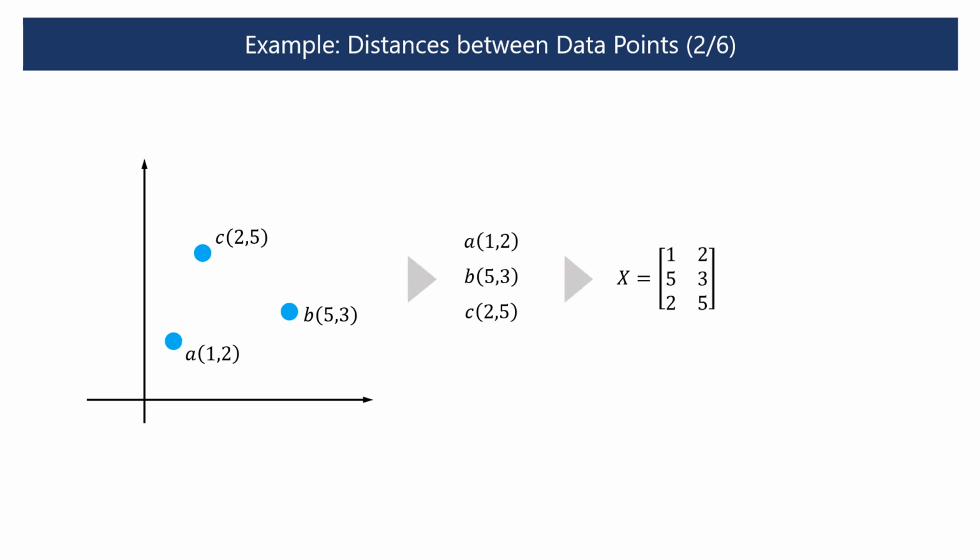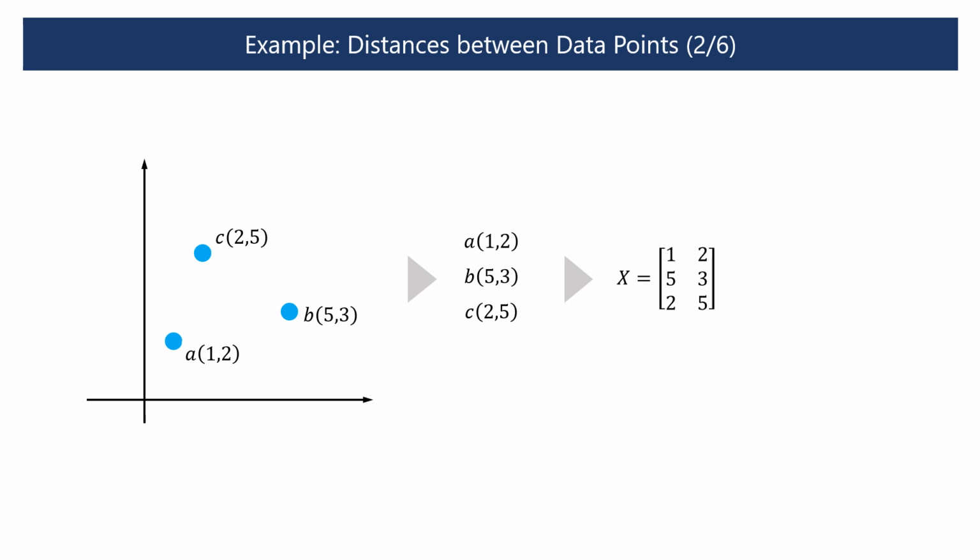To apply matrix multiplication for calculating distances, we start with these three data points as this matrix. Each row of matrix X represents each data point, and each column represents each feature.